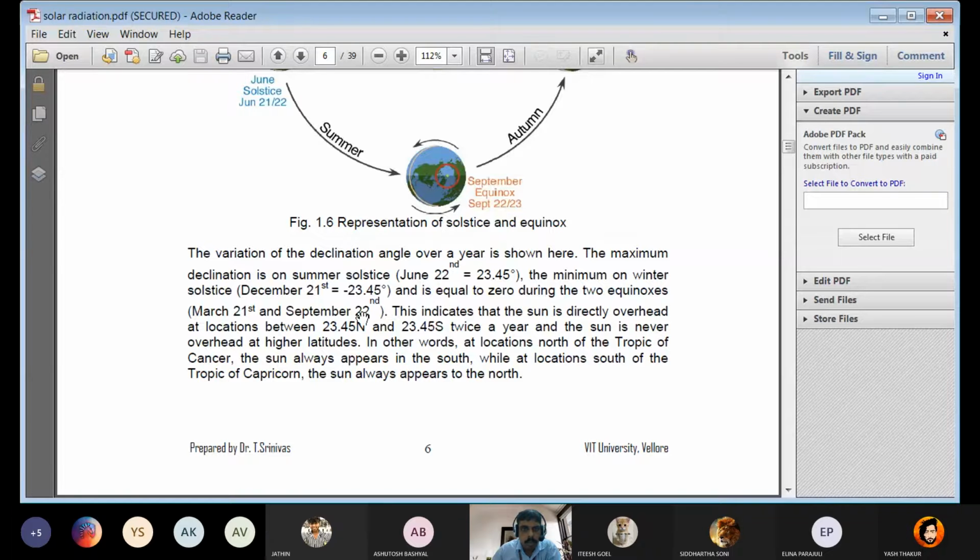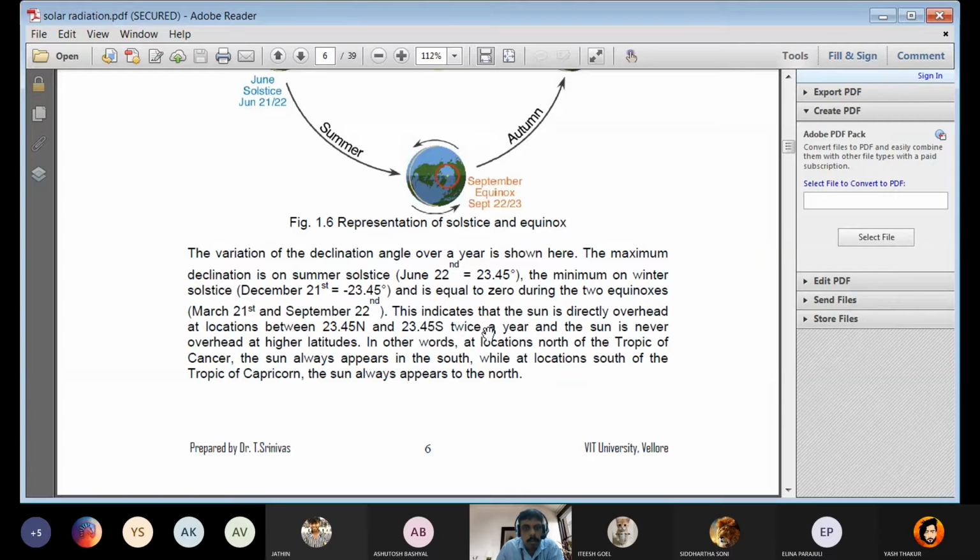On these days we will have maximum solar radiation at our latitude, this place, right? This indicates that the sun is directly overhead at locations between 23.45 north and 23.45 south.